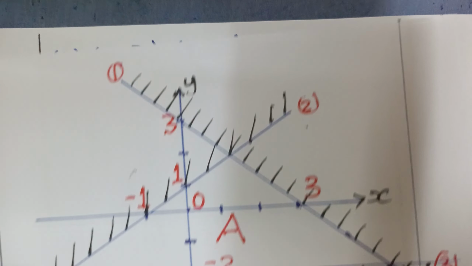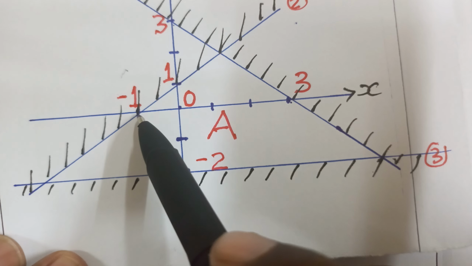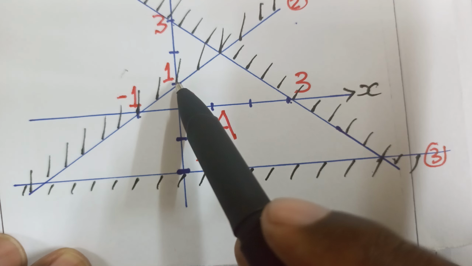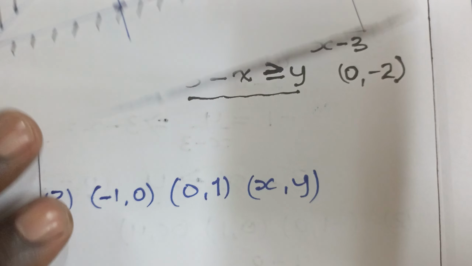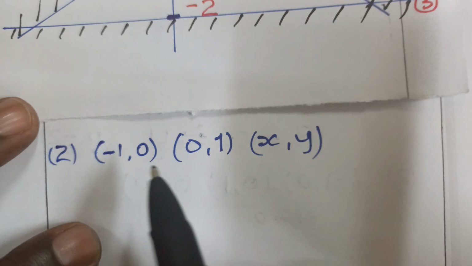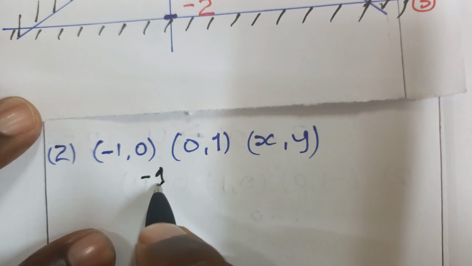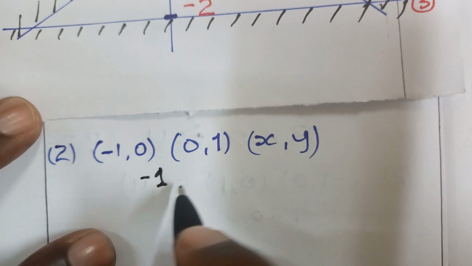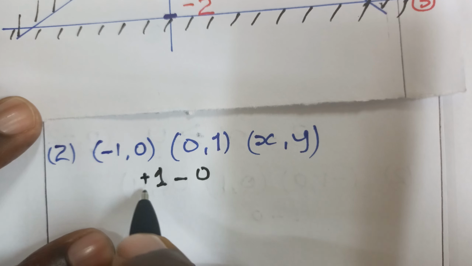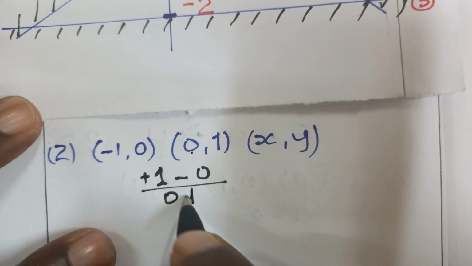Now we come to the second line. For the second line, we establish points: negative 1, 0 and 1, 0 right here, and another point on that line. The first thing is to establish the gradient of that line. The gradient is y increment, using these 2 points, 1 minus 0, all over x increment, 0 minus 1, which is 0 plus 1.